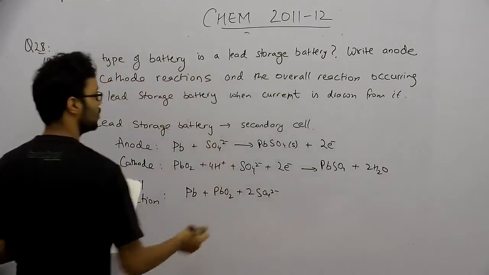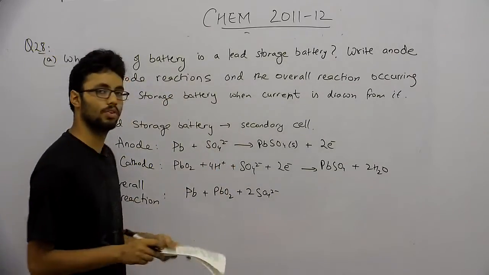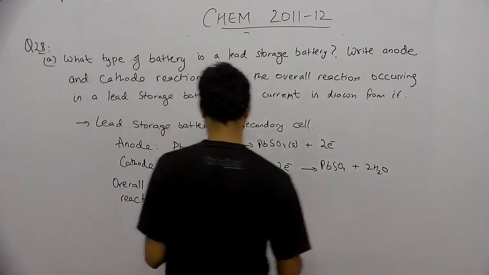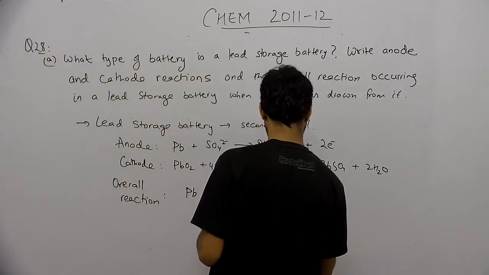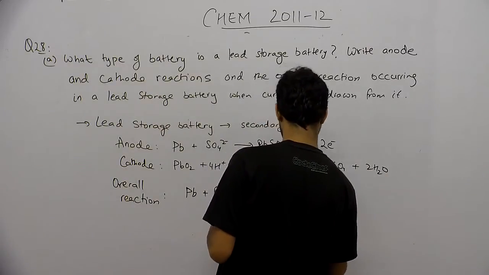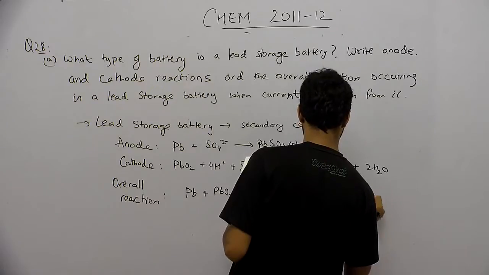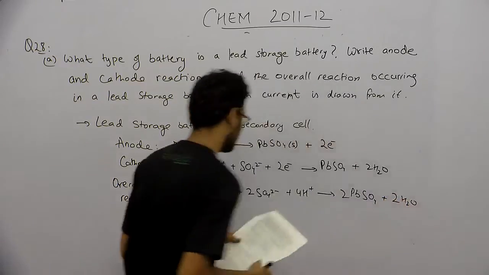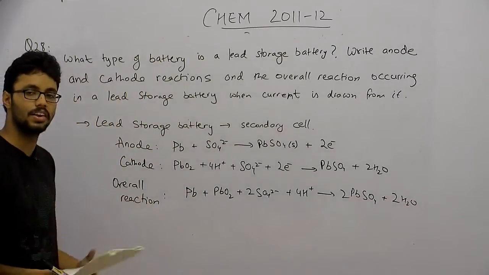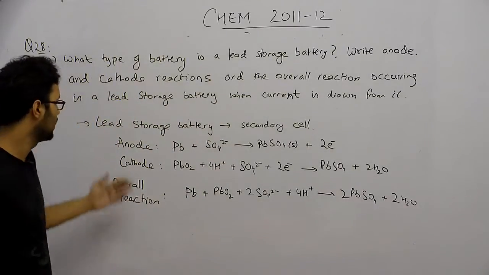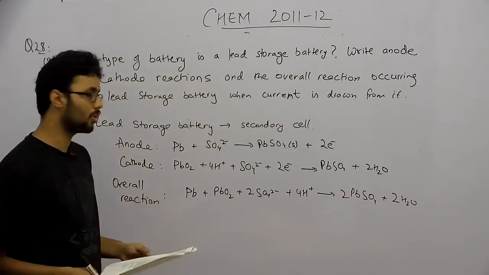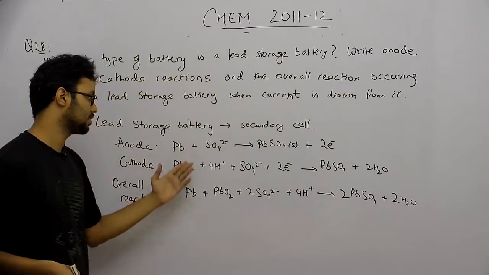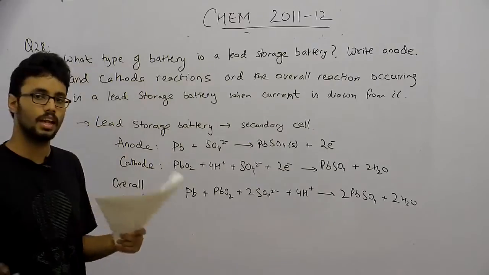We will add the 2 reactions and get the overall reaction. So this is the overall reaction that is occurring. We have found the overall reaction by joining the anode and cathode reaction.